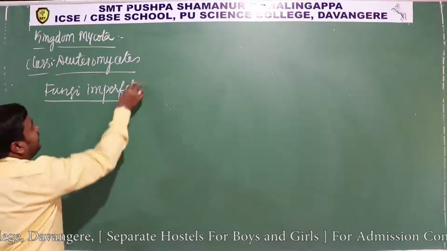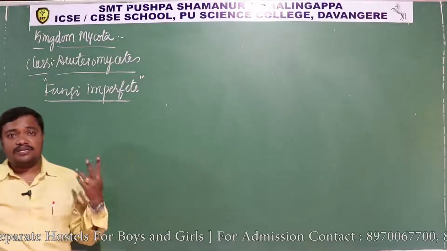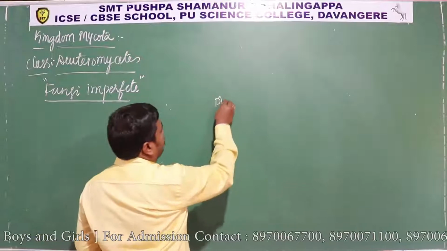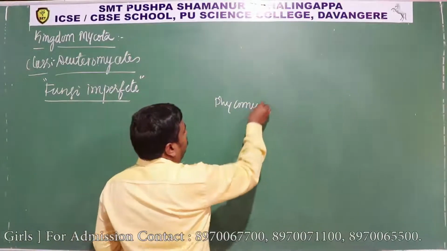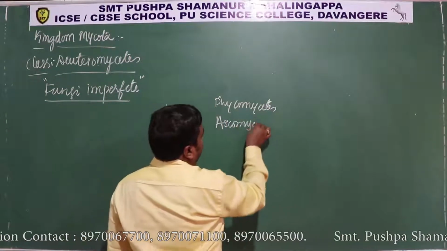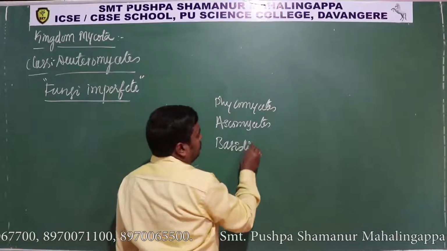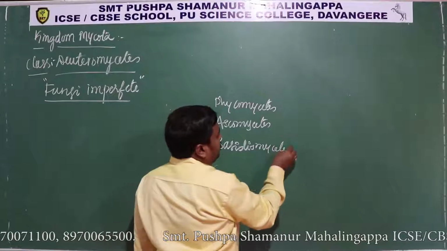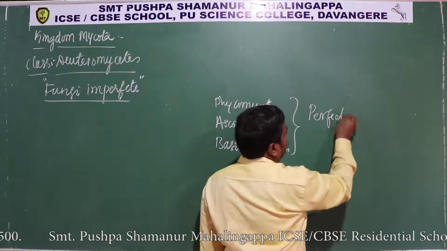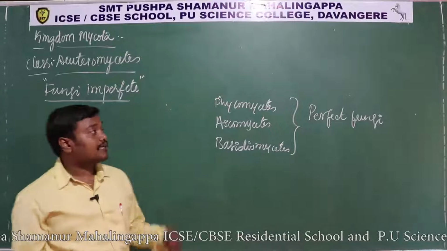Apart from these, the remaining classes like phycomycetes, ascomycetes and basidiomycetes are the perfect fungi. Why are they called perfect fungi?